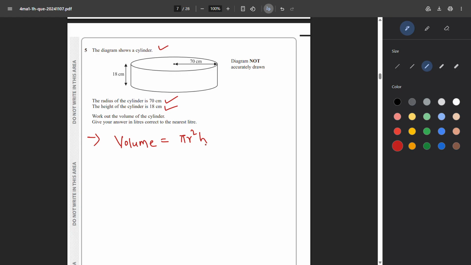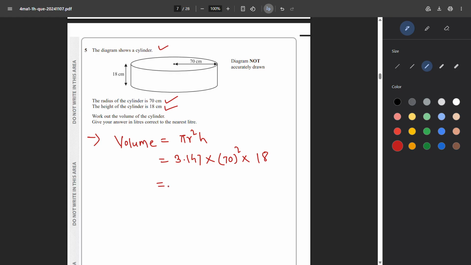The value of pi we know is 3.147, or 22 over 7 also you can write. So 3.147 into r, already we have put here 70 square, times h, means height, 18. You have to just multiply these 3 terms.